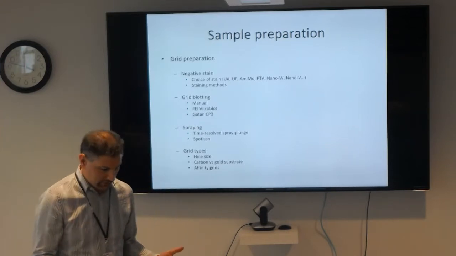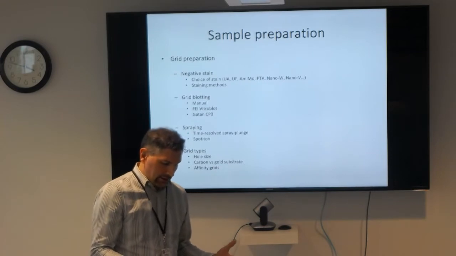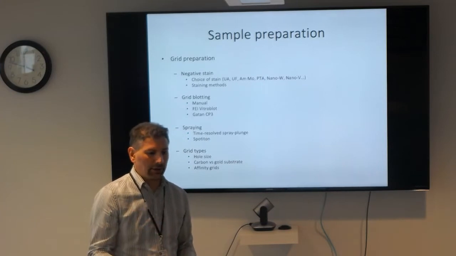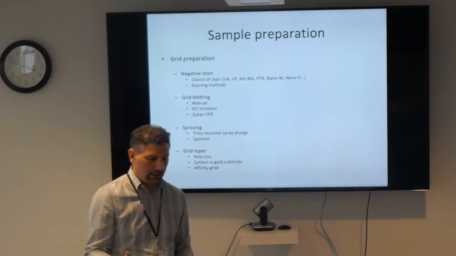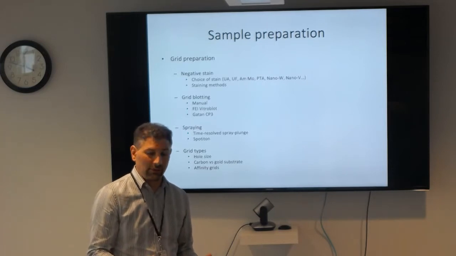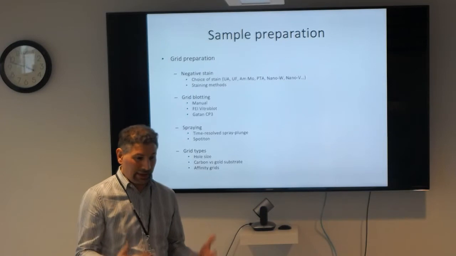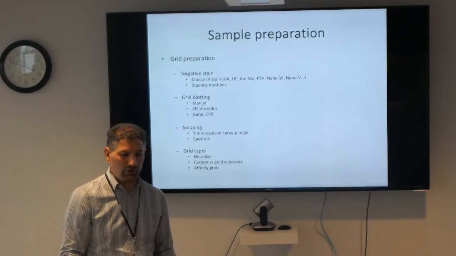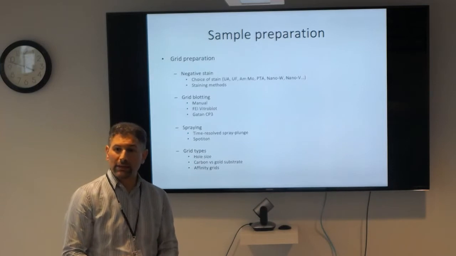You also have these additional types of grids that I keep forgetting the names of, but the holes are irregular. You can buy these from Ted Pella, and on the back there's a very thin layer of carbon. We've had success with this. If, for example, you have big megadalton-sized particles and you can't get these to a high enough concentration, you can at least absorb them to the grid, to the carbon.